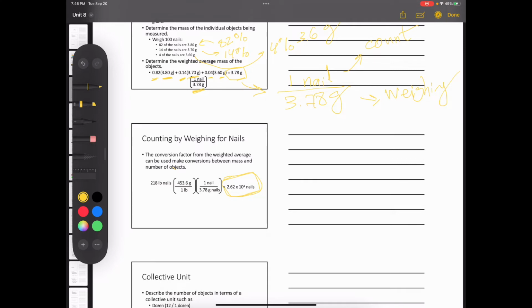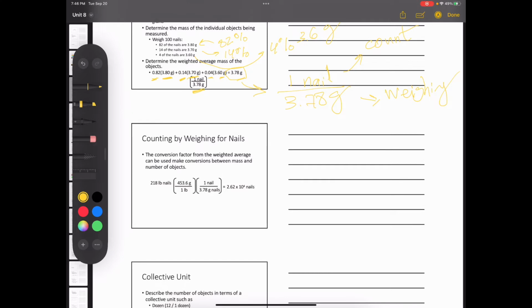Okay? Now, if I go to Home Depot and I say, well, can you get me 2.62 times 10 to the power 4 nails? The guy at the Home Depot aisle would have a reaction of, what, are you nuts? What are you talking about? What is 10 to the power 4? That's why we call this scientific notation. And you guys should all be able to convert between numbers and use scientific notation to represent your numbers.